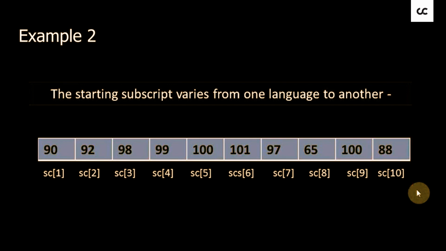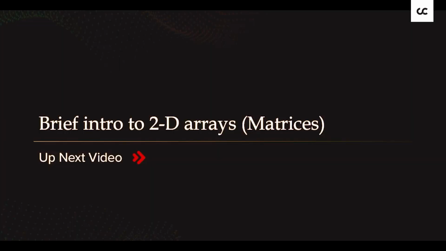We will be writing our implementation programs in this course using the C language, hence our subscript will start from 0. So in the next lecture, I will be talking about two-dimensional arrays. I will be giving you just an idea about 2D arrays.